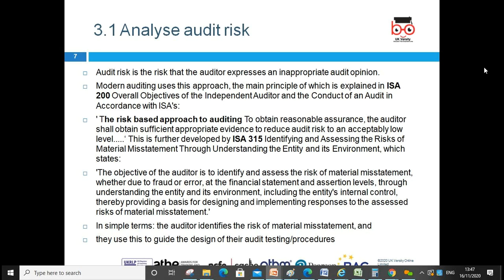So what system do we have in place to protect against fraud? At the financial statement assertion level, what internal control do we have? Then the auditor designs and implements responses to the assessed risks. In simple terms, the auditor identifies the risk of material misstatement and uses this to guide the design of the audit testing procedures.